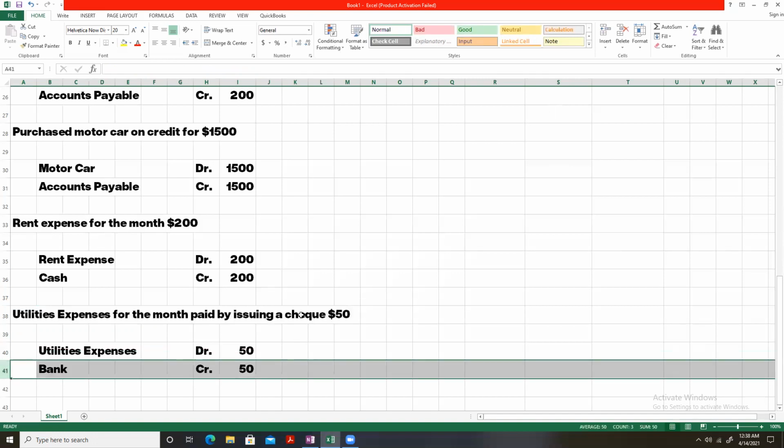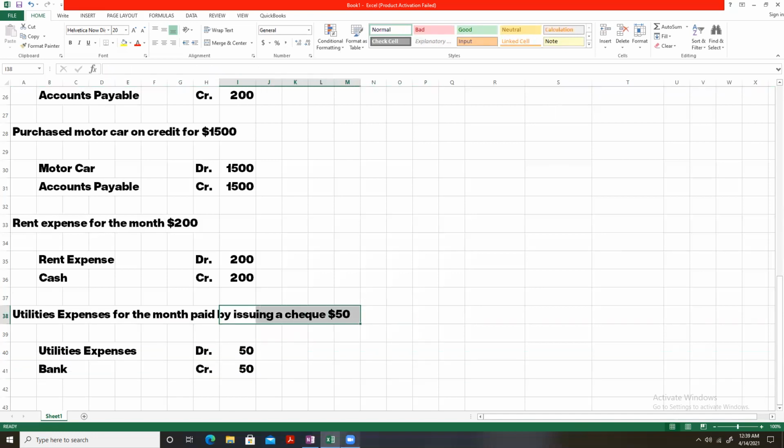In the same way we will credit the bank account, since we are making a payment by the bank account by issuing a check. Here I am again telling you that we are making payment by our bank account because we are issuing a check. Once we issue a check, what will happen?